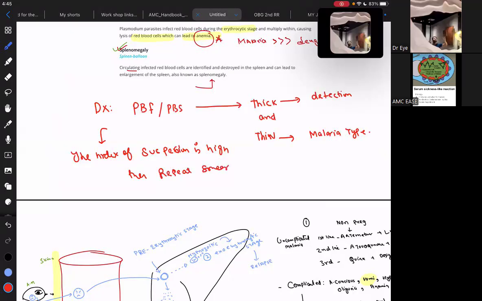You need to repeat the smear test, till three negative thick films are there. Only after that you can rule out the malaria. Done.